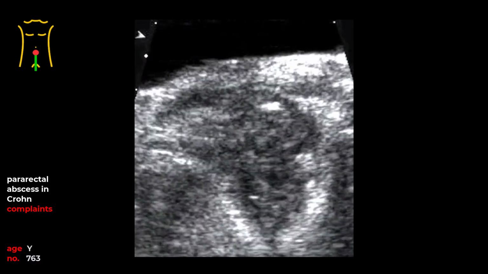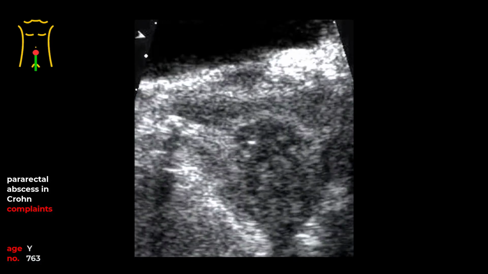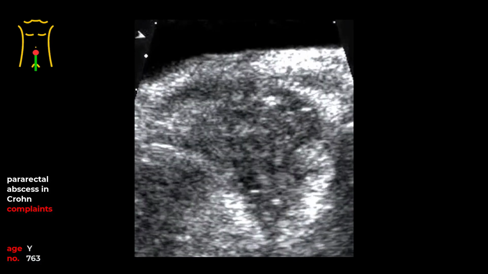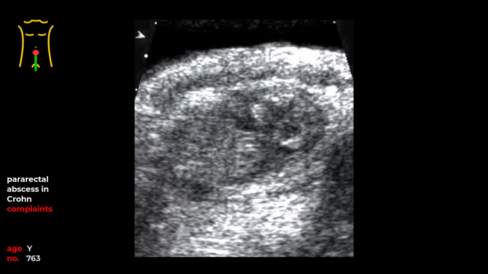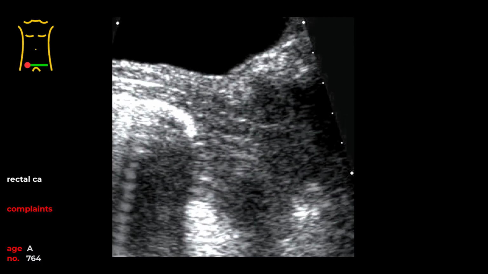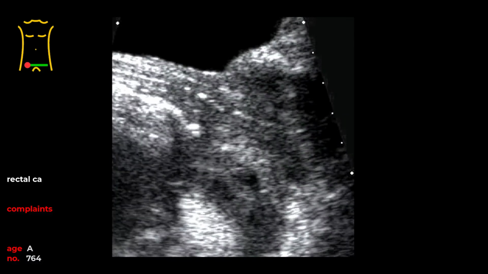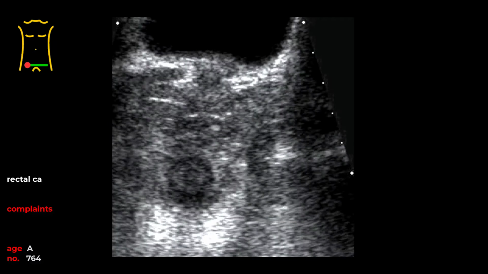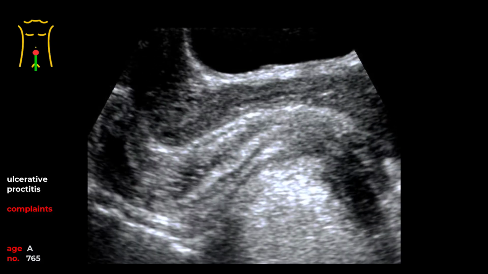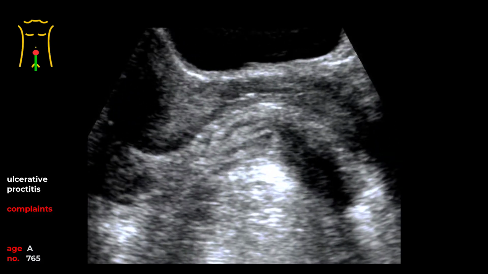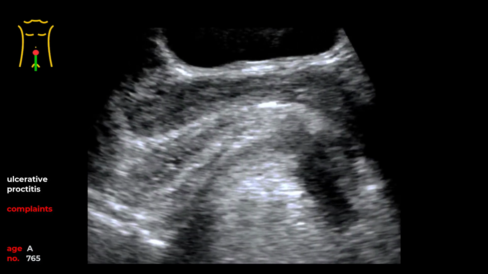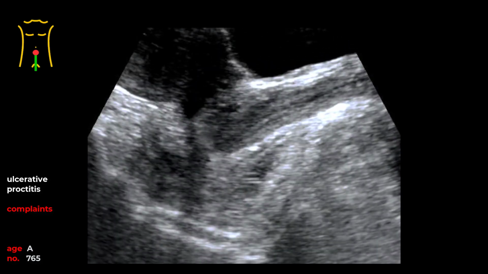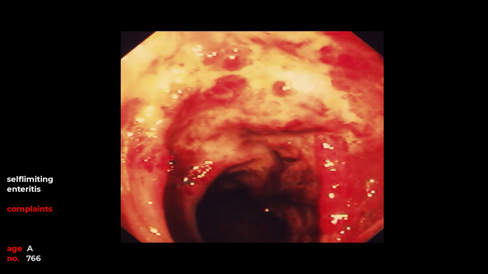And 763 demonstrates a pararectal abscess in Crohn's disease. While 764 corresponds to a rectal carcinoma. And 765 to a typical colitis ulcerosa. In 766 is to be seen the typical endoscopic aspect.